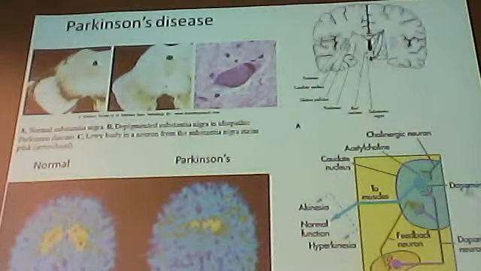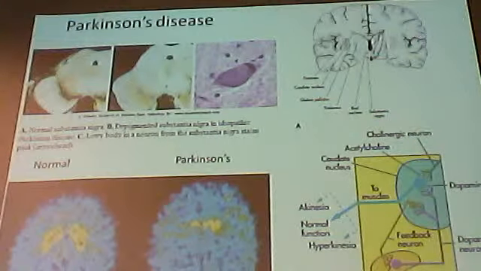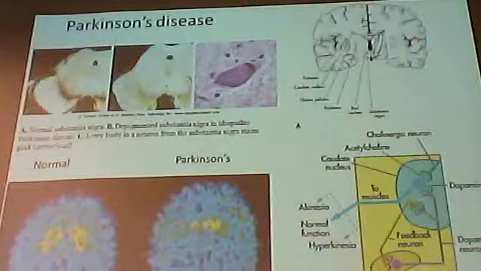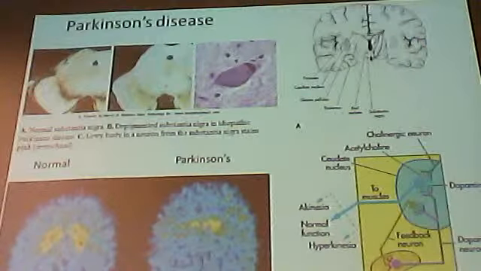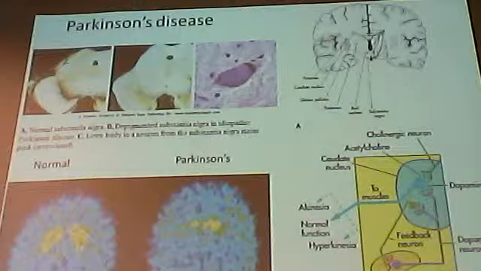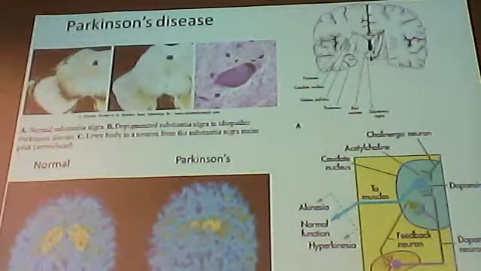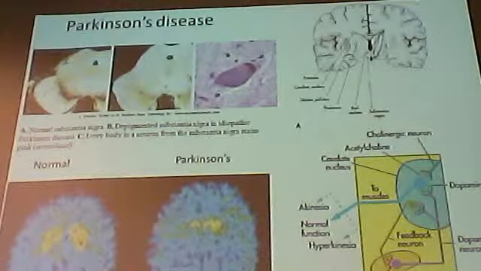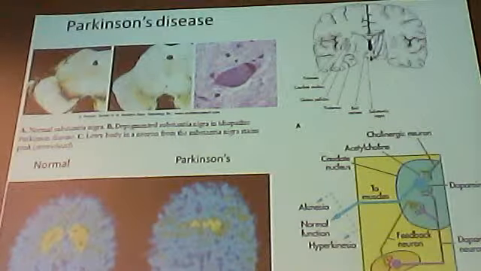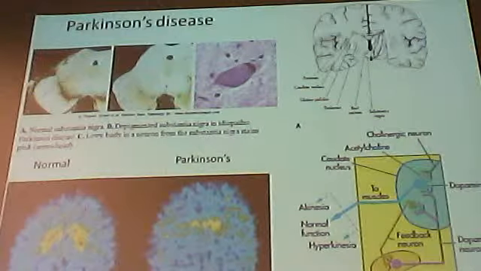And dopamine is responsible for rewards and decision making sometimes, and sometimes motor coordination. So when the substantia nigra no longer produces the dopamine effectively, then you don't really get the rewards, you don't get the decision making as clear, and you have trouble with coordination.